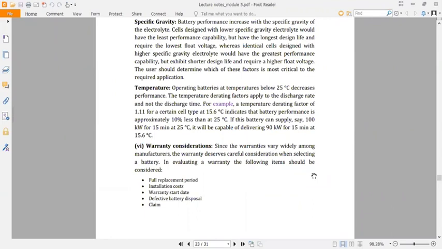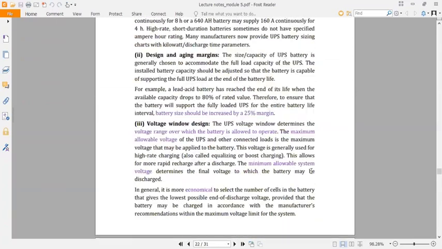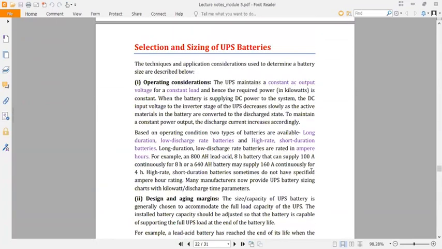So the performance also varies according to the warranty period provided by different manufacturers, and the cost also varies. These are certain parameters to decide which type of battery we should use and what should be the size of the battery.